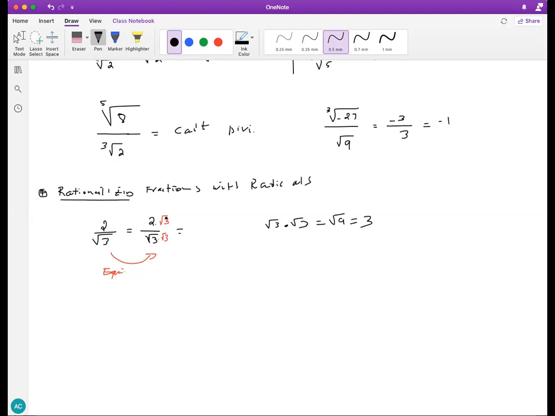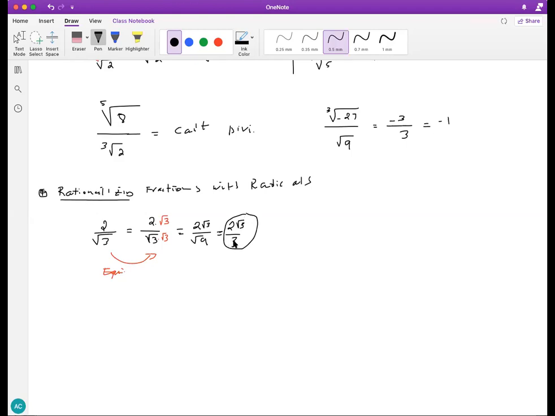So then you times these. What is 2 times radical 3 again? 2 times radical 3 is 2 radical 3. What is radical 3 times radical 3? As we said here, it would be radical 9, which is 3. Okay, so now that's good enough for us. We just rationalized it.